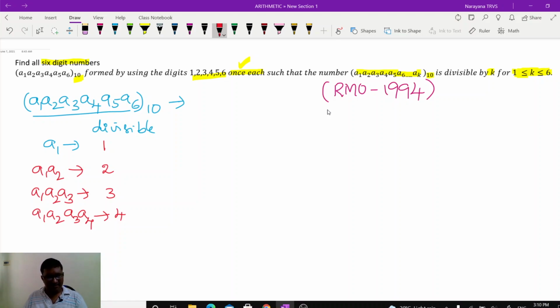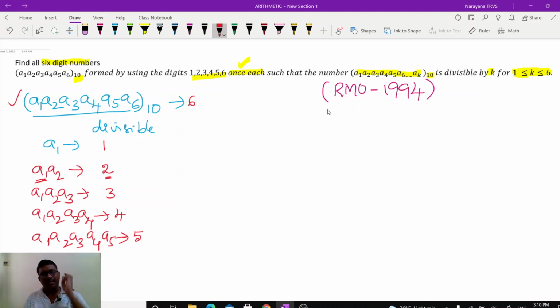Here we have 3 digits, so it must be divisible by 3. A1, A2, only 2 digits, must be divisible by 2. A1 to A5, same base 10, must be divisible by 5. We have already written that A1 to A6 base 10 must be divisible by 6.